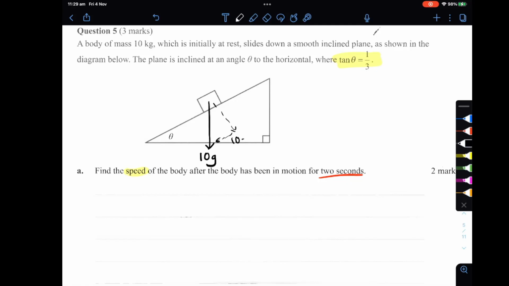So this here is 10g cos of tan inverse of 1 over 3. In actual fact, sorry, this is not cos, this is sine.